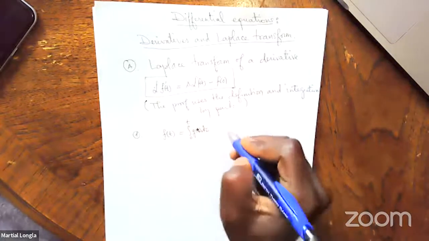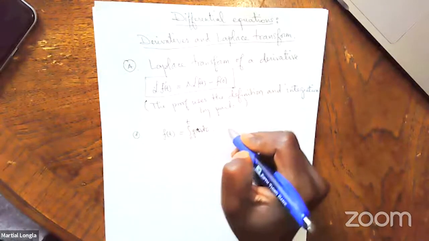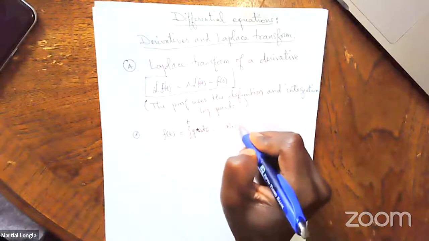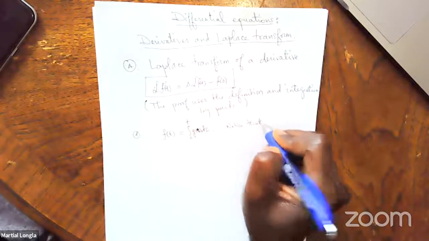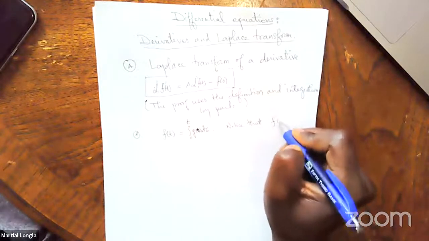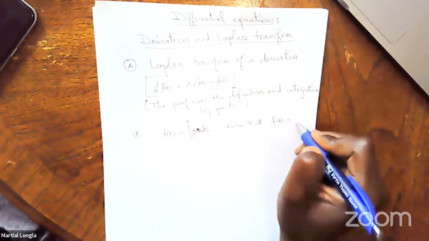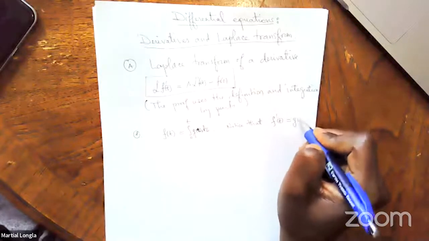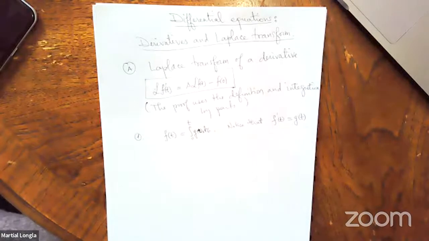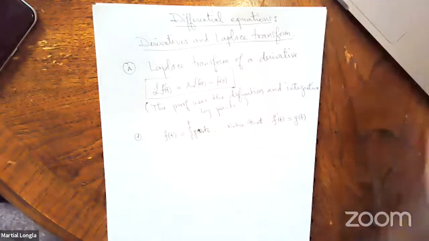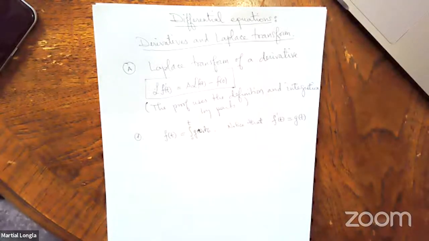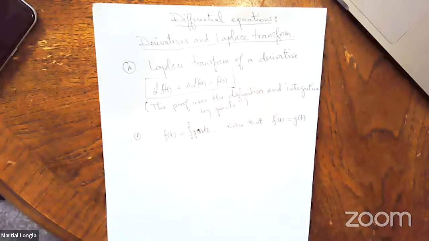So notice that the derivative of f is equal to g of t, right? The derivative of the integral with respect to the upper bound is equal to the value of the function at the upper bound here, that is t.